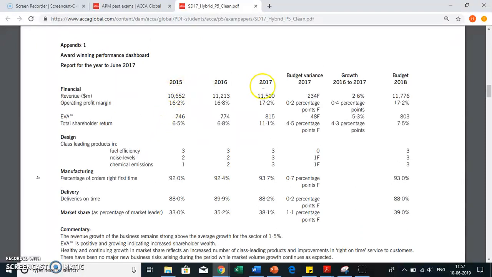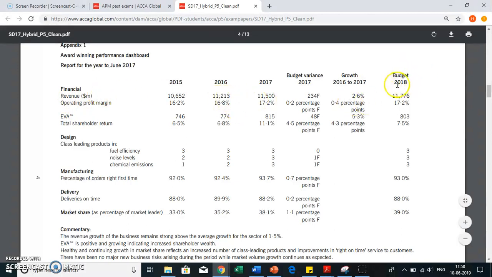So you have, like I said, the previous year data, and you have a budget of the current year, so this will facilitate your variance analysis. You have the growth, which is important because that shows you the increase in revenue, for example from 2016 to 17, and then you have a budget for next year. So this is a proactive measure. Very good.